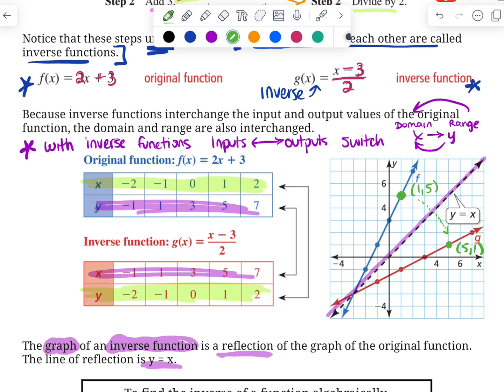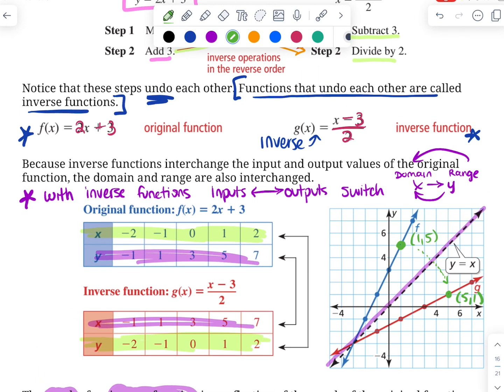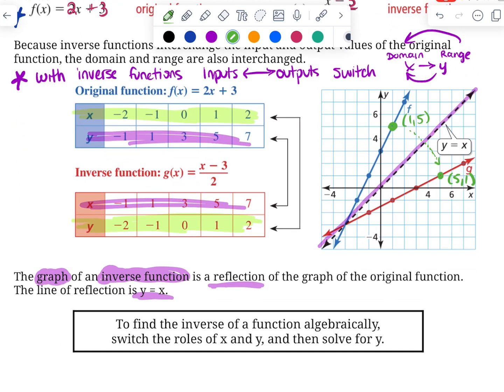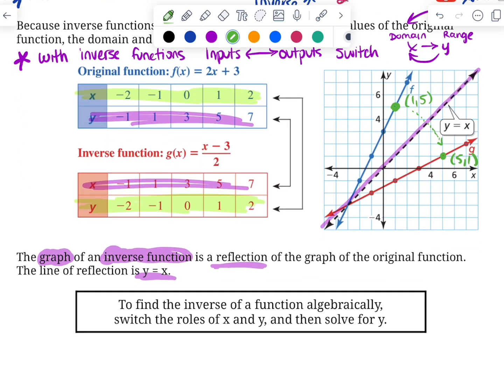So now, this whole switching idea, the domain switching with the range, using the inverse operation, all of this leads to: this is all great that I was given an inverse function already, but how do I find it? To find the inverse of a function algebraically, you're going to switch the roles of x and y in the original function, whatever you were given, and then solve that new thing you wrote for the output, and that will help you create your input.